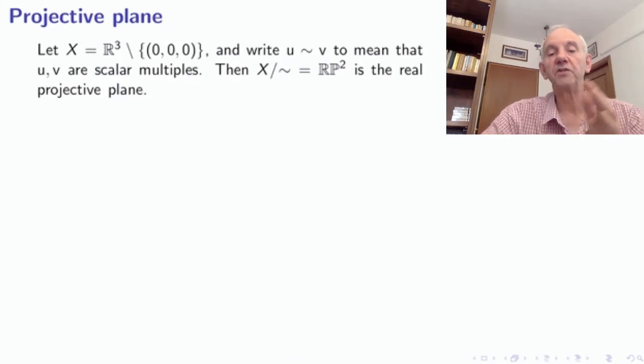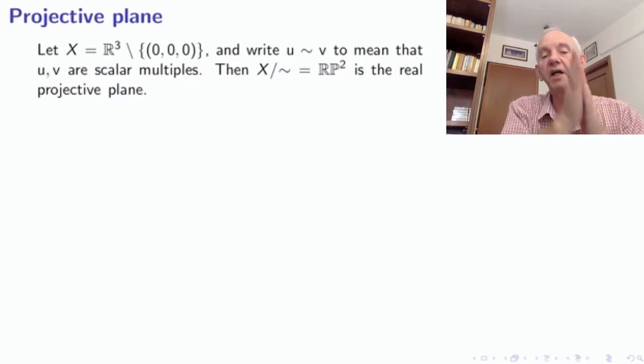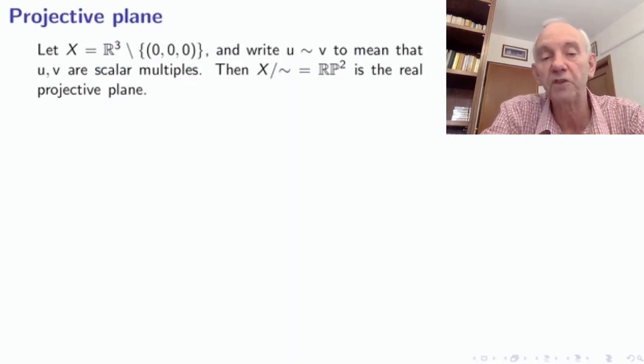So that means that the two vectors are lined up, and they may be in the same or opposite directions. They may have different magnitudes, but they're lined up. If that's the case, they're declared to be equivalent. Neither of them is zero, so this is a completely symmetric operation. It's an equivalence relation, and the set of equivalence classes is the real projective plane.